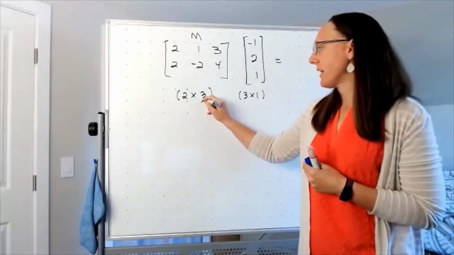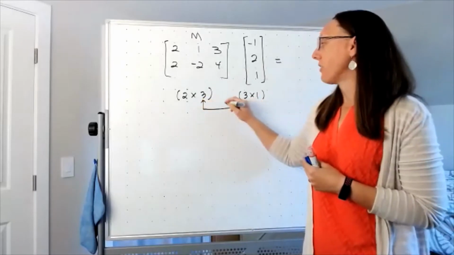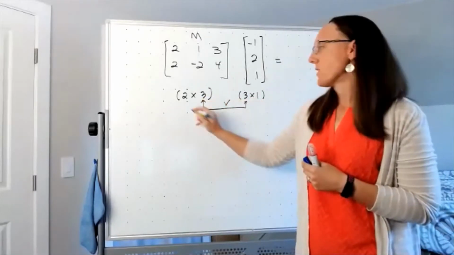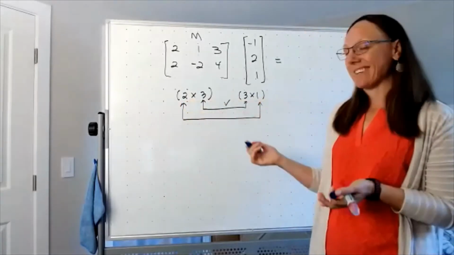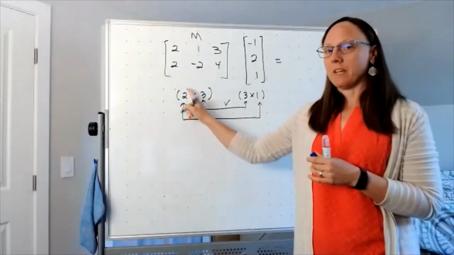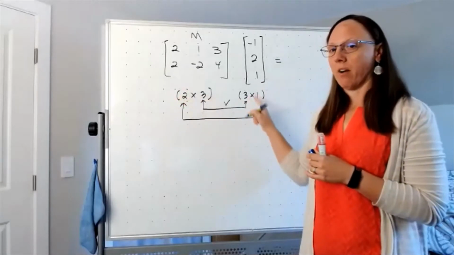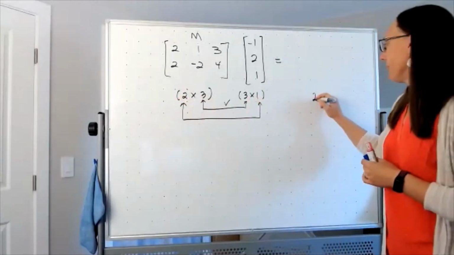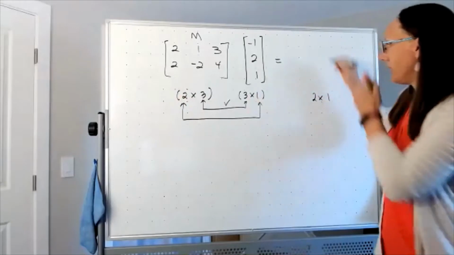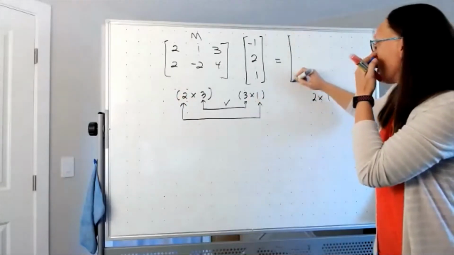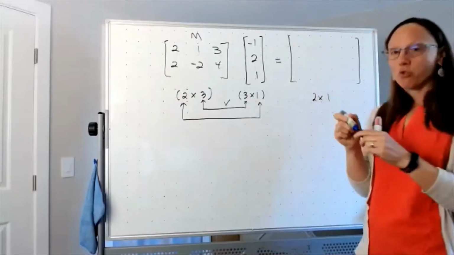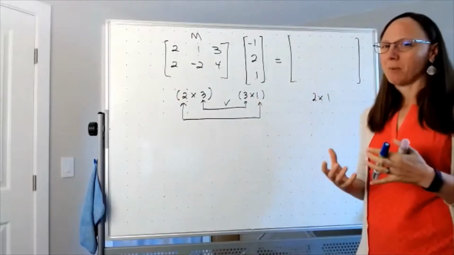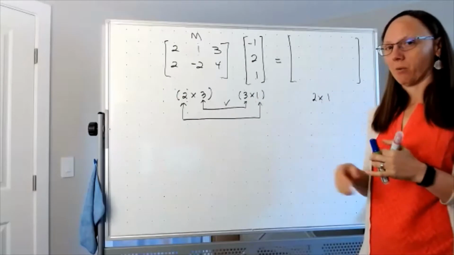So I check that the inside dimensions match, and they do. They're both a 3. So then the outer dimensions are going to tell me the size of the answer. So my answer will be 2 rows by 1 column. So I need space for 2 rows, but I only need 1 column. And although I'm drawing it really wide, I'm just giving myself space to put my arithmetic in.